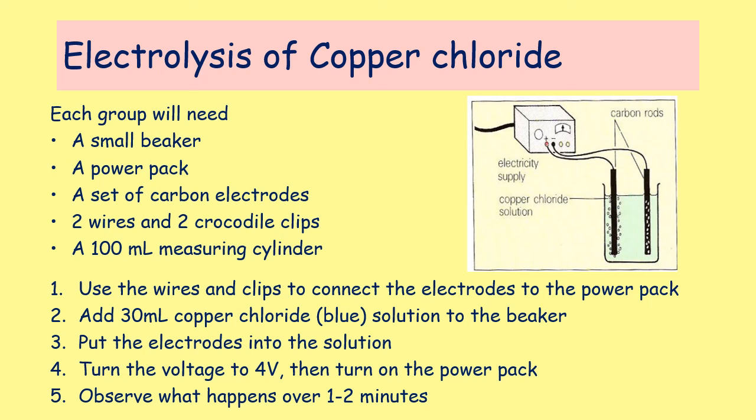What we do is we attach a power pack that provides electricity, and we have 2 wires coming out of that power pack, and at the end of those wires are 2 rods, and those rods conduct electricity. And we put those 2 rods into the solution and we turn the power pack on, and that means that electricity is going to flow through that solution, and we should see the compound start to fall apart.